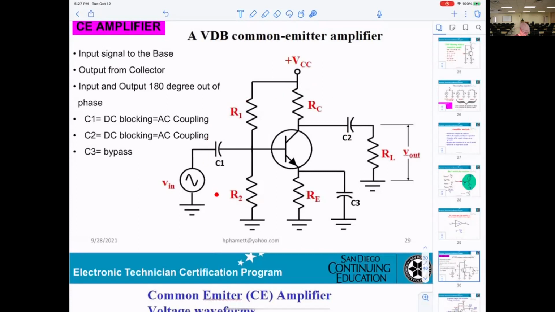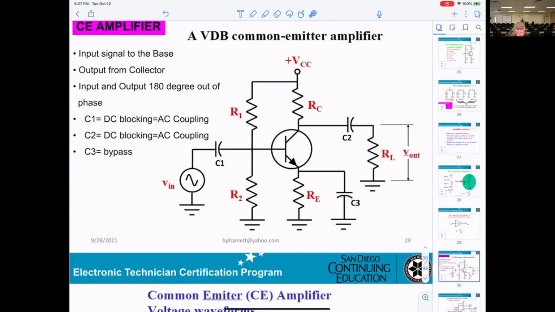When you're looking into the circuitry, you're able to recognize that it is a common emitter by looking at the relation between the input and output. The input is applied to the base and the output is taken from the collector.